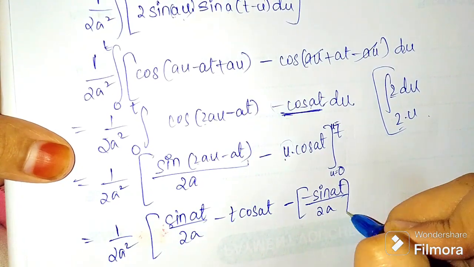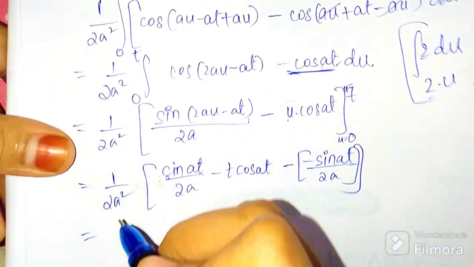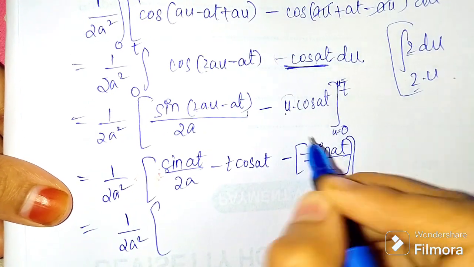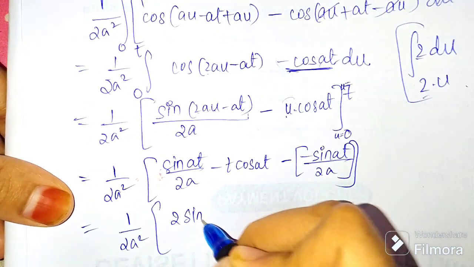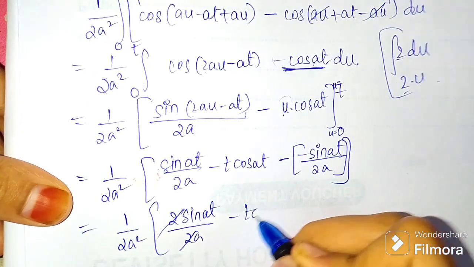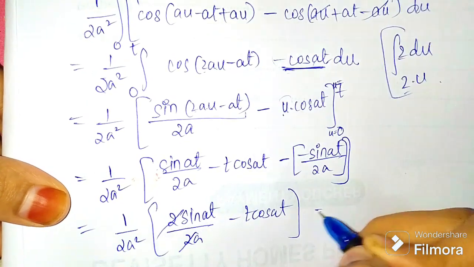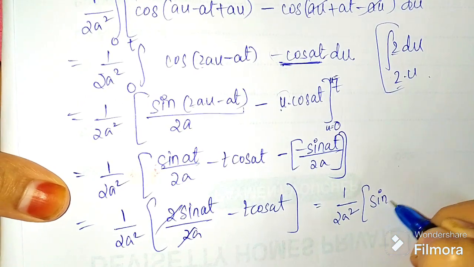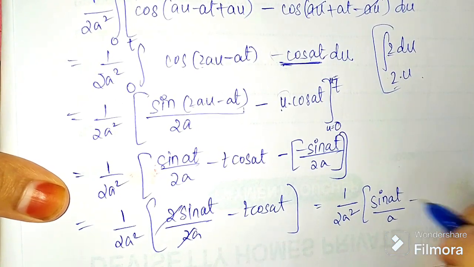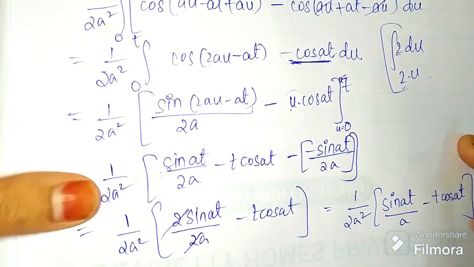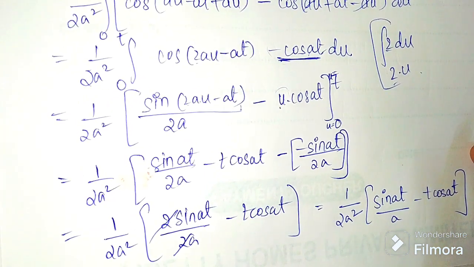Minus this whole term will be 0. So let's write 1 by 2A square. So minus minus plus, I'll get 2 sine AT by 2A minus T cos AT. So what is my final answer? 1 by 2A square into sine AT by A minus T cos AT. Okay, this is my final answer.